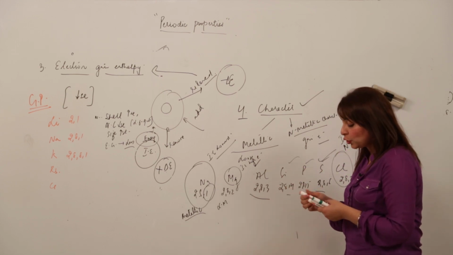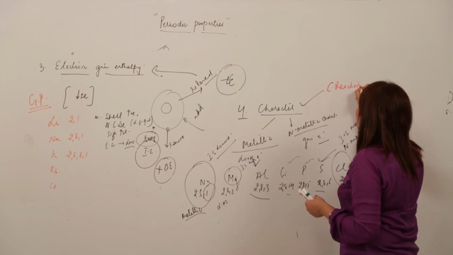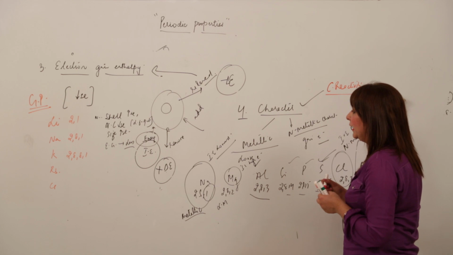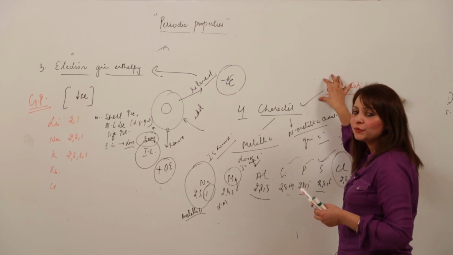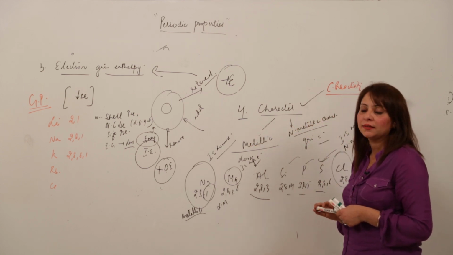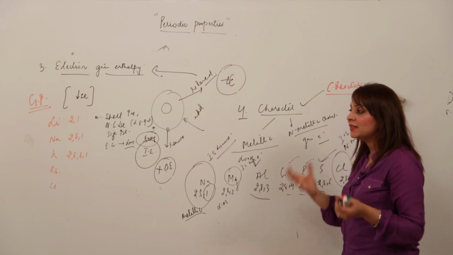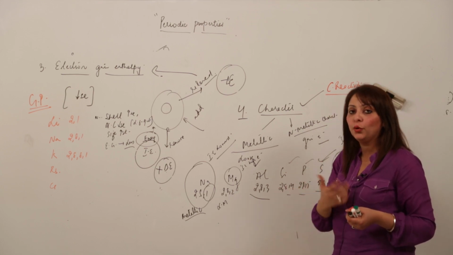Similarly, when we talk about chemical reactivity, it is the same property by which you can easily correlate. The factor responsible for reactivity is the same as we did with metallic and non-metallic character. The element which has the bigger size, meaning less ionization energy, can easily lose an electron, so it is more reactive.